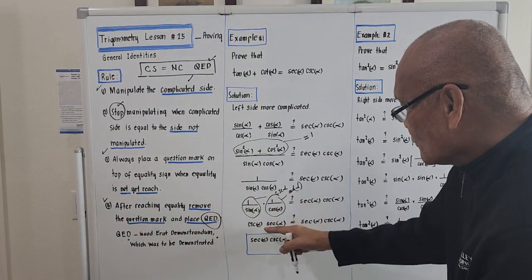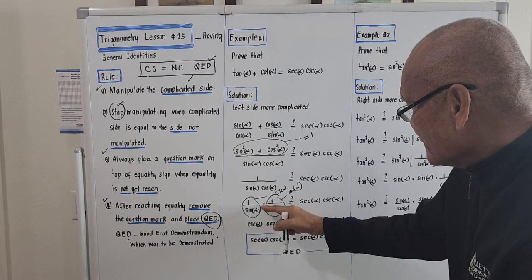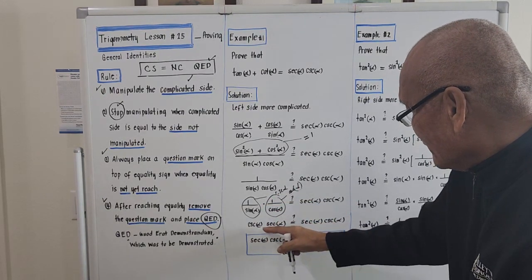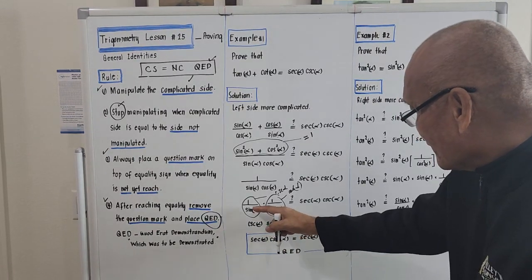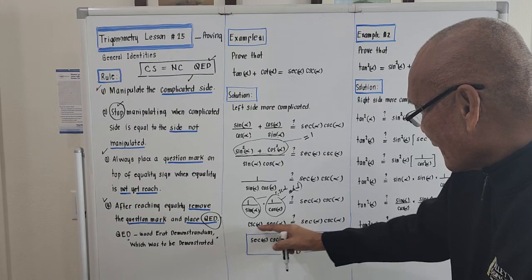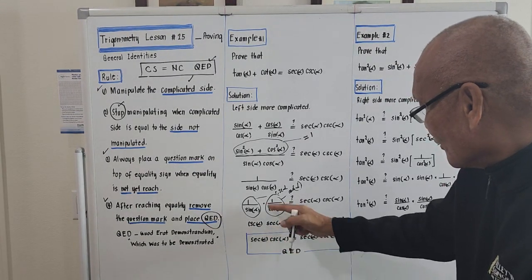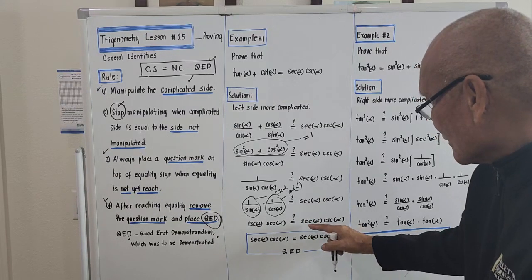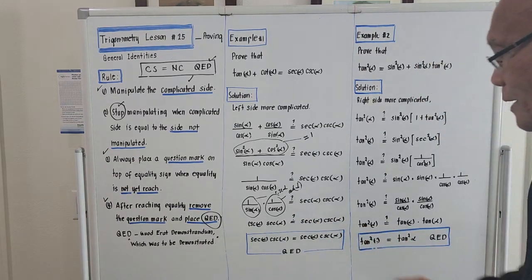So 1 over sine will be cosecant times 1 over cosine of alpha, which is secant of alpha. So actually we are multiplying cosecant and secant, right? So cosecant of alpha times secant of alpha. Is it equal to secant of alpha, cosecant of alpha?